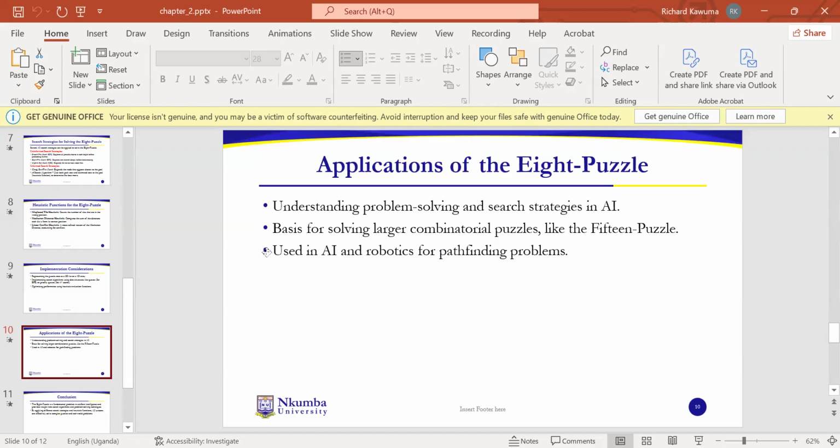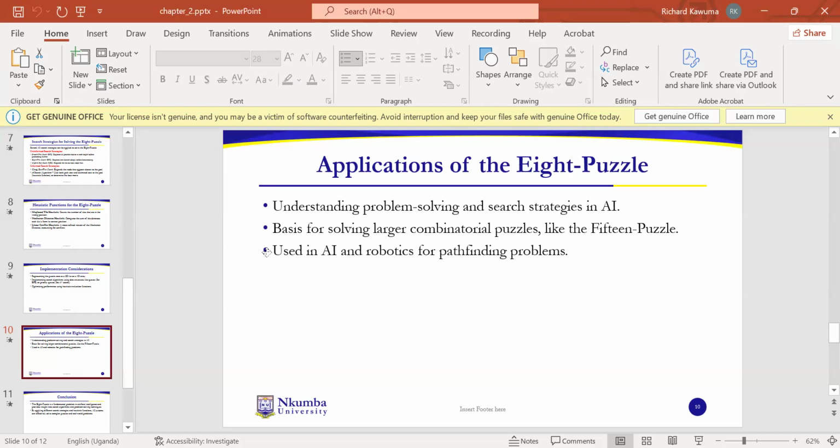So understanding problem solving and such strategies in AI is the basis for solving larger combinatorial puzzles, like the 15 puzzle, used in AI and robotics for pathfinding problems.